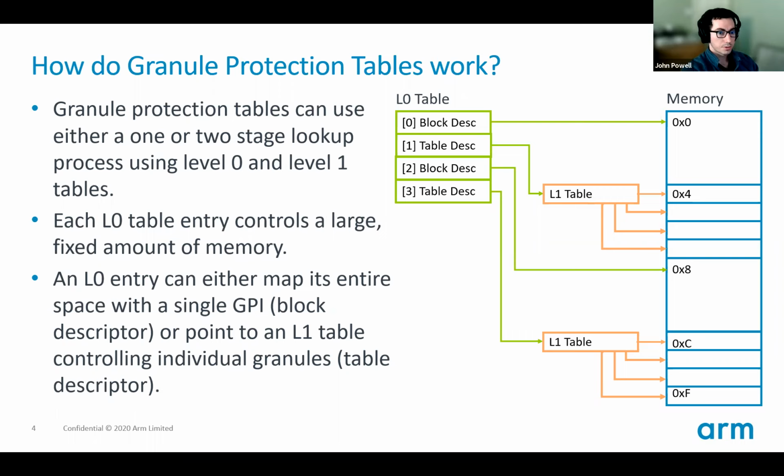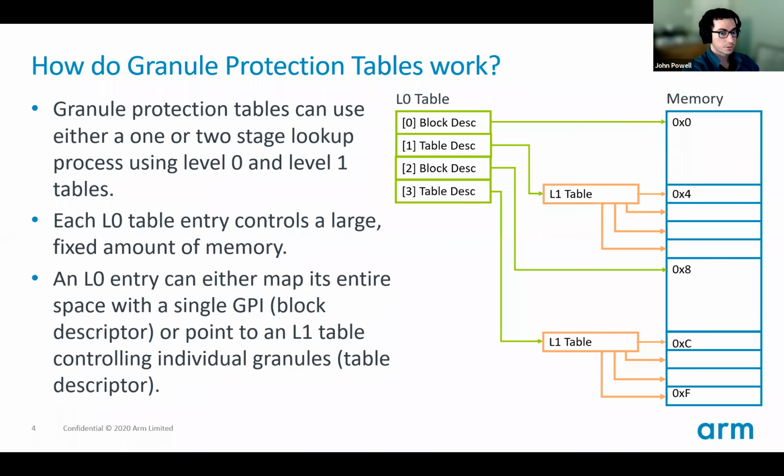So now that we've covered what the GPTs are, let's talk a little bit about how they work. The tables can use either a 1 or 2 stage lookup process, dubbed level 0 and level 1, or L0 and L1, as I'll refer to them for the rest of this presentation. Each entry in an L0 table controls a relatively large amount of memory space, and we'll talk about exactly how much in a few minutes.